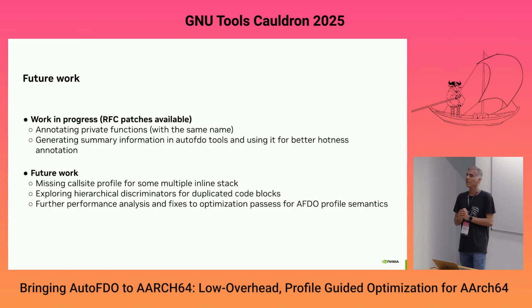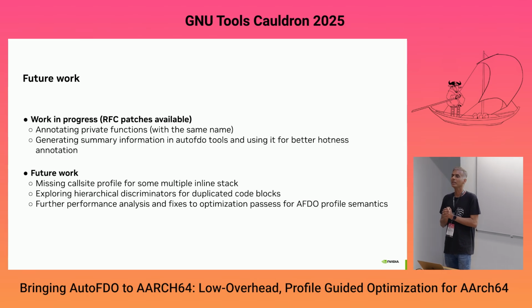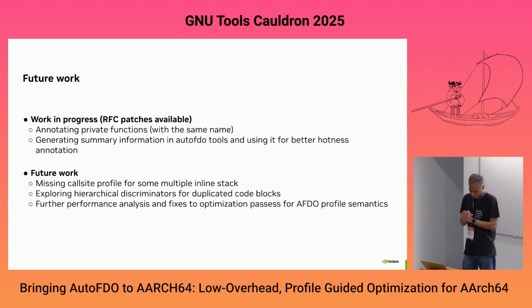Before they went to the hierarchical file discriminators, they also had a field of discriminator allocated for code duplication. So when we are unrolling, maybe we can record that information there and use it. This looks like a small enough change. I don't know, this is something we want to give a try.